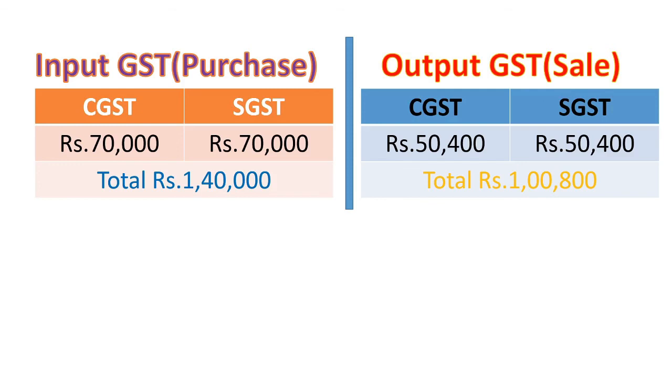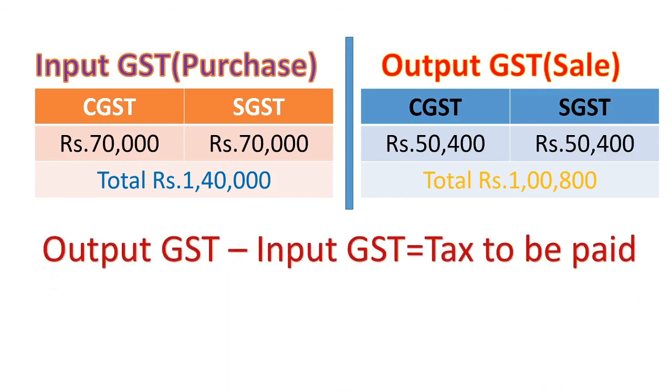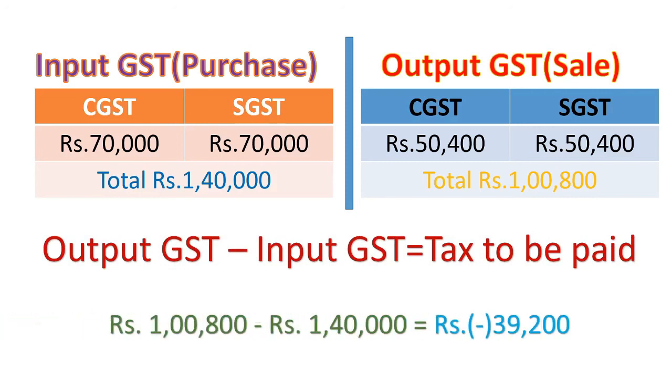When we calculate the tax amount to be paid to the government, then we are going to subtract input GST from output GST. In this case, you can see that the output GST is 1,08,000 and input GST is 1,40,000. It clearly indicates that we have paid more GST and we have received less GST from the customer. But 20 CCTVs are still there in stock.